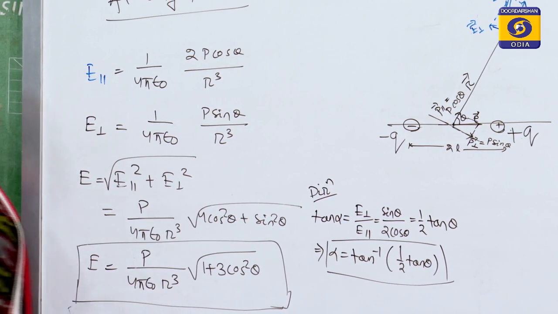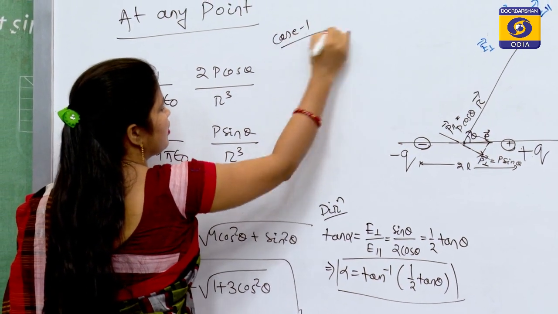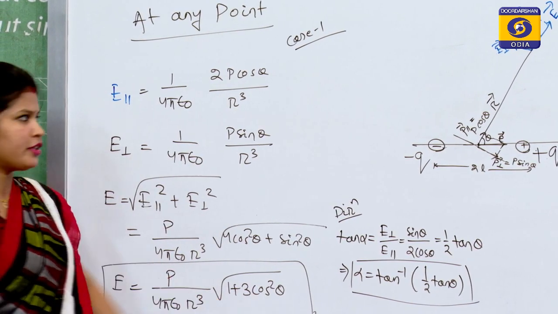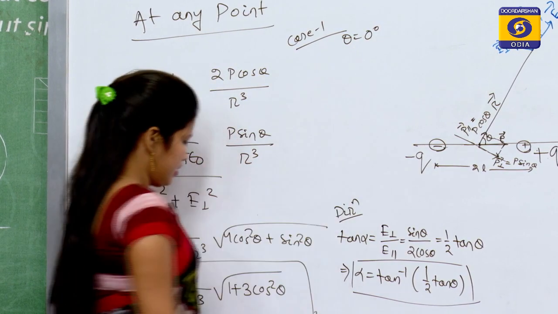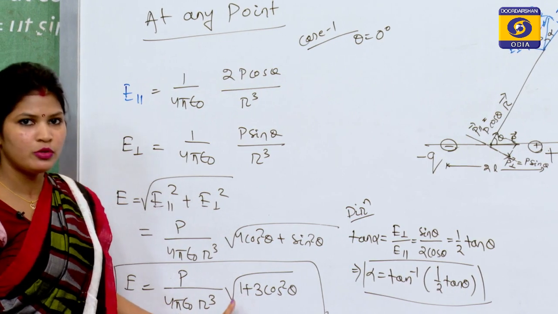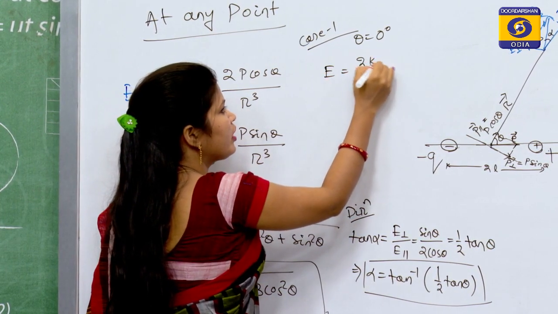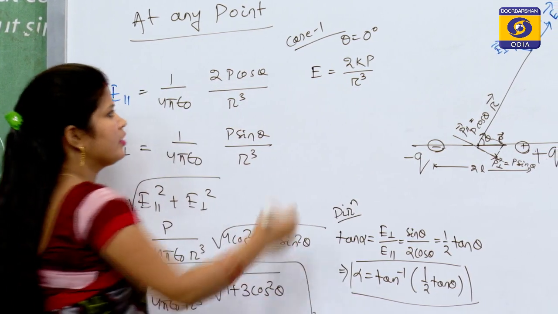From this formula we can calculate the cases. Case 1, on the axial line, when theta is equal to 0 degree, cos 0 is 1, so 1 plus 3 is 4, root over gives 2. So, E is equal to 2 k p upon r cube.